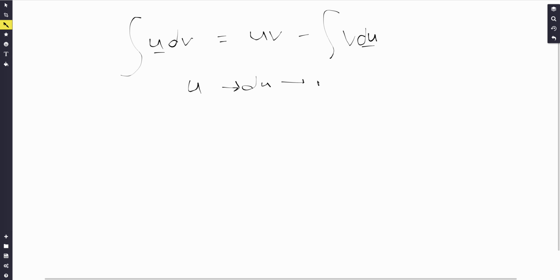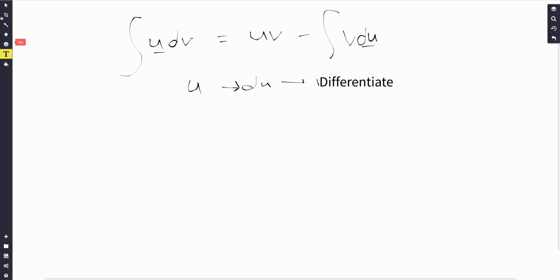And to get from dv to v, you basically just have to integrate. Okay, so that's the formula.